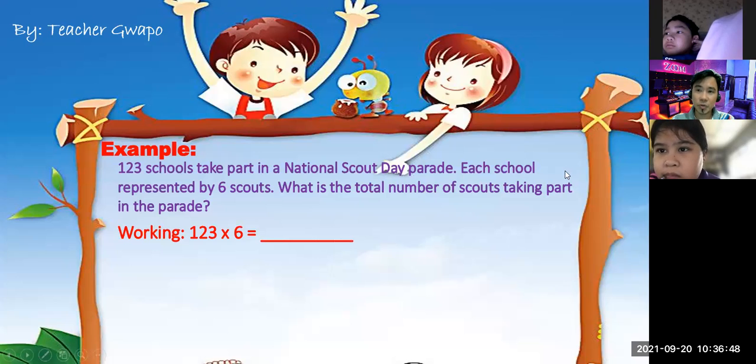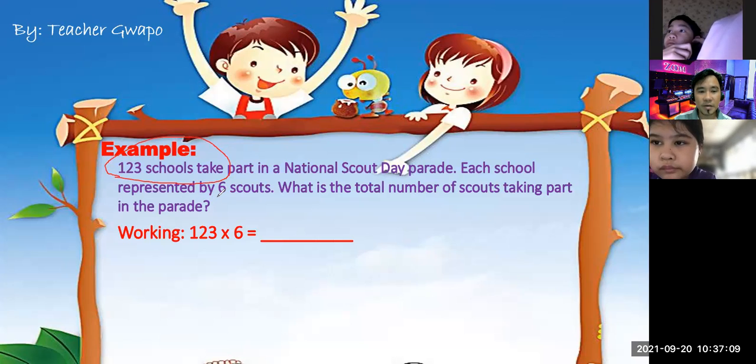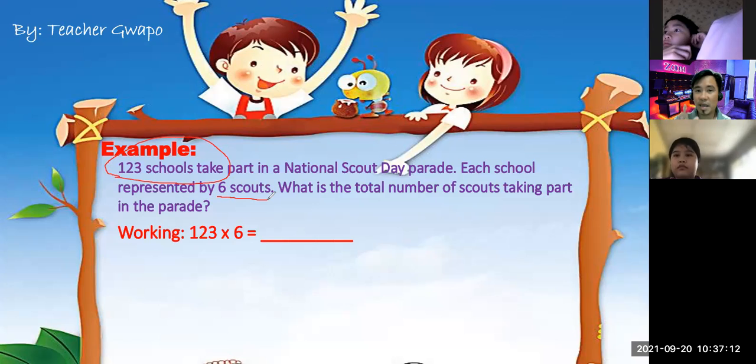And each school is represented by how many scouts? 6 scouts. Again, there are 123 schools. And in each school, there are 6 scouts. They represented 6 scouts in each school.